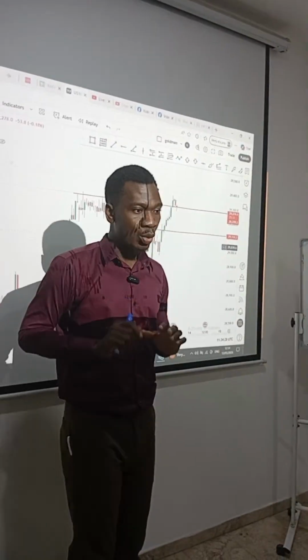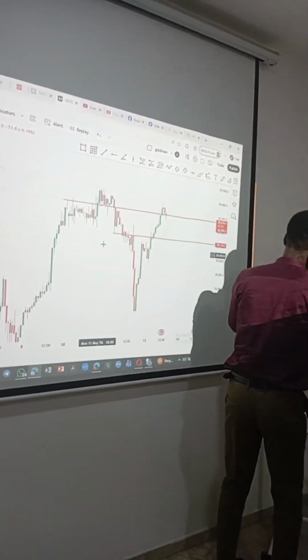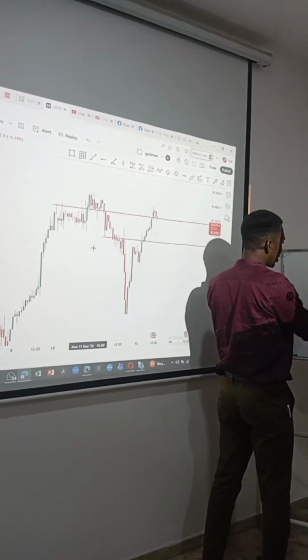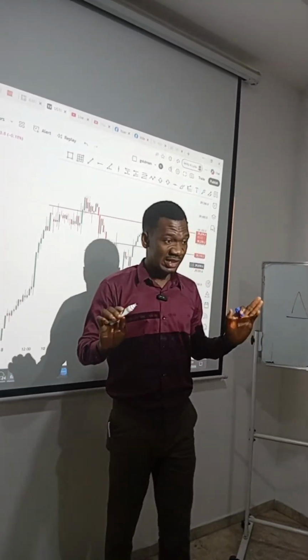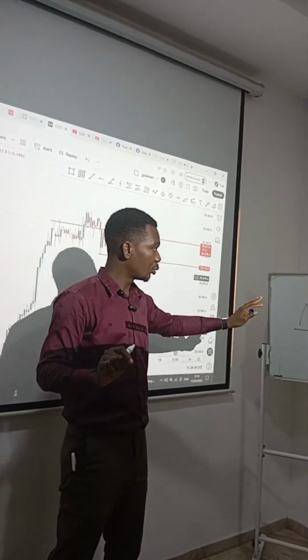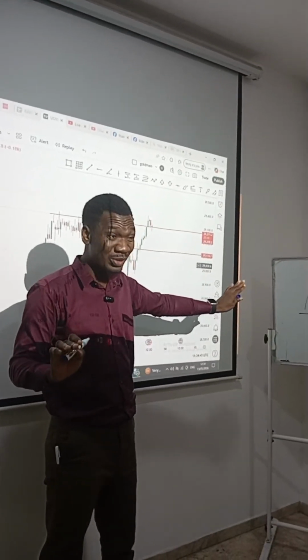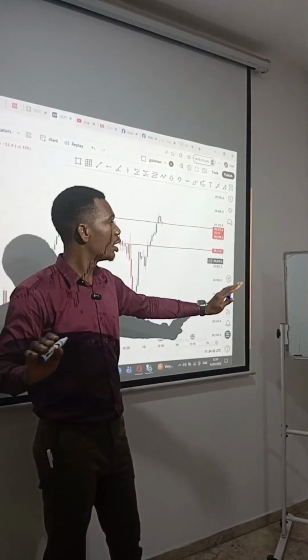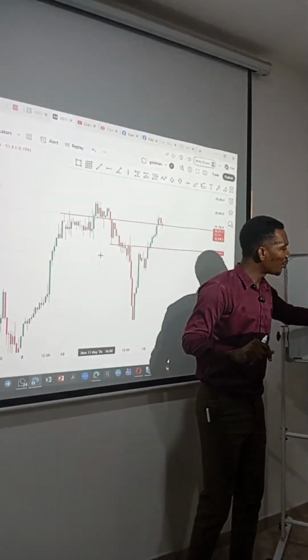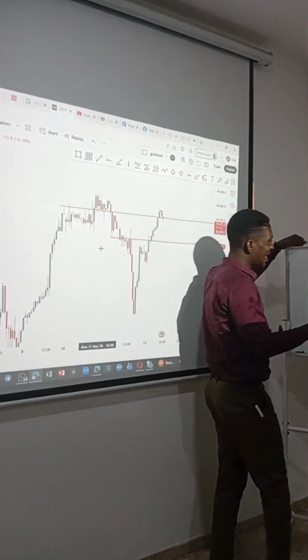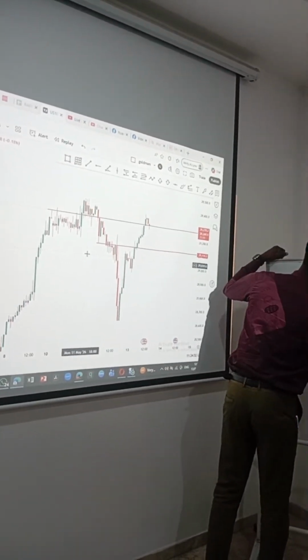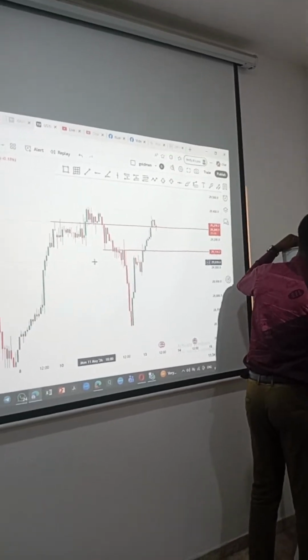Example, what we call support and resistance. Support is an area that price buys from. Is that not so? Yes. Please, let's be very lively in this class, because what I'm about to show you is going to completely change how you see the market. Support is where price consistently buys from. So it is expected that anytime price comes to this side, it is going to buy from that side.